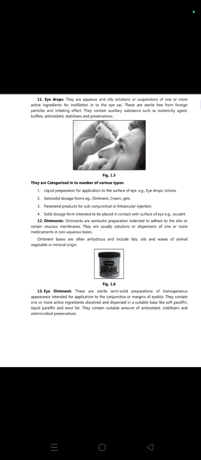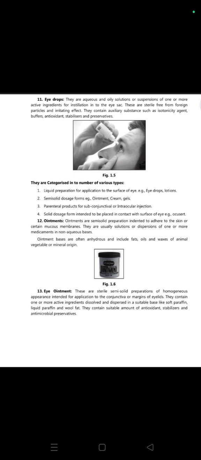Then ointments. Ointments are semi-solid preparations intended to adhere to the skin or certain mucous membranes. They are usually solutions or dispersions of one or more medicaments in non-aqueous bases. Ointment bases are often anhydrous and include fats, oils, and waxes of animal, vegetable, or mineral origin. Then eye ointment.